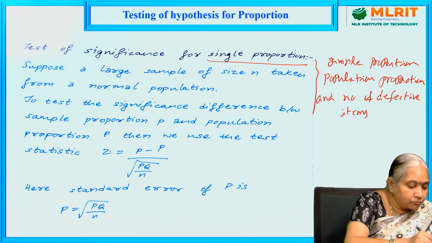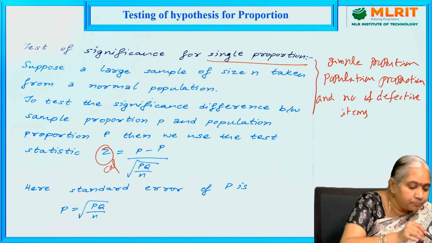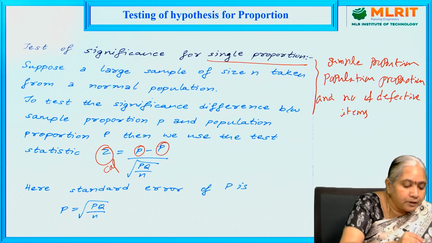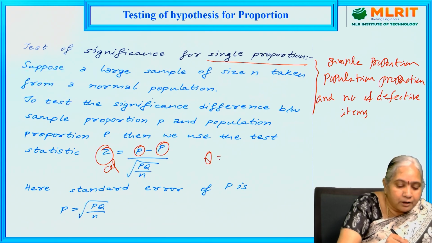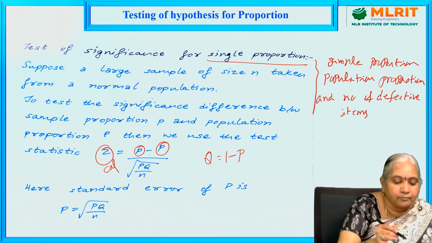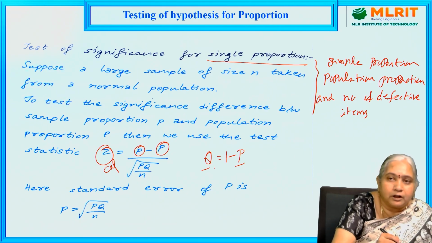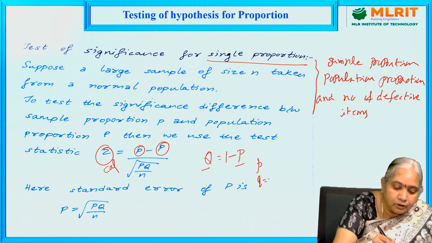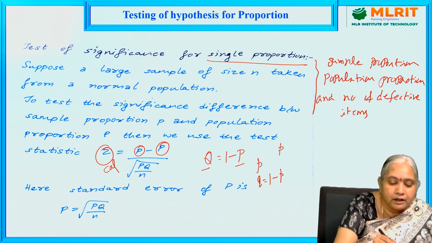So here we calculate a Z test, and this is a calculated value. Small p is the sample proportion, capital P is the population proportion, and Q equals 1 minus P. If we take population proportion, Q equals 1 minus P. If we take sample proportion small p, then small q equals 1 minus p, since the total probability P plus Q equals 1.